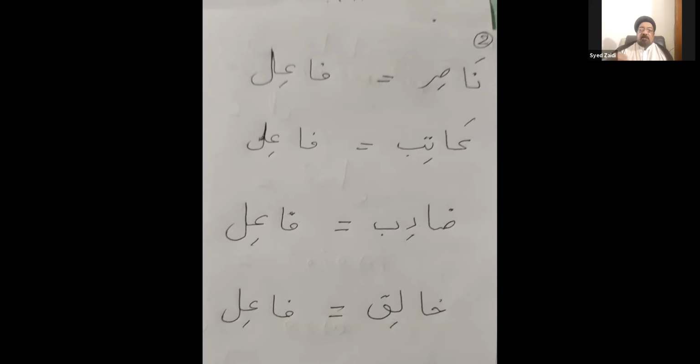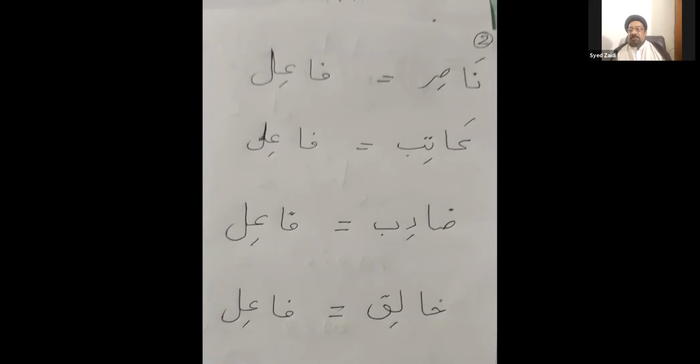If you see the pattern, you would understand that once you have a word of 3 letters, for example, darb or khalq or nasr, and you see the word that derives from the main word darb or nasr or khalq, the word that derives from there, and you see the word khaliq or darib or katib or nasir.